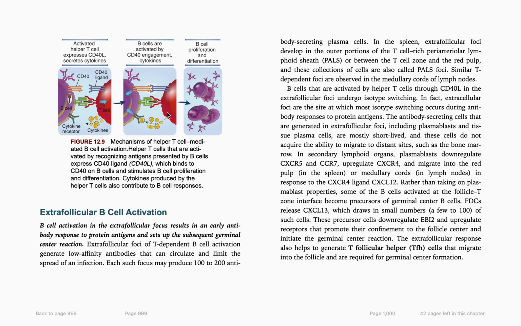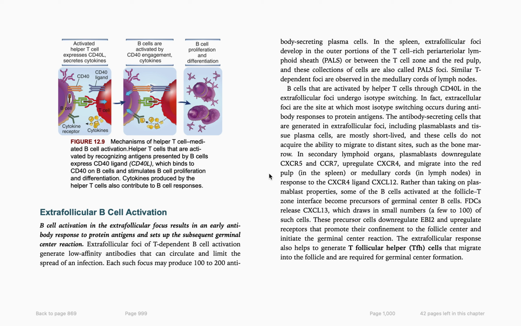Extrafollicular B cell activation. B cell activation in the extrafollicular focus results in an early antibody response to protein antigen and sets up the subsequent germinal center reaction. Extrafollicular foci of T-dependent B cell activation generate low affinity antibodies that can circulate and limit the spread of an infection.